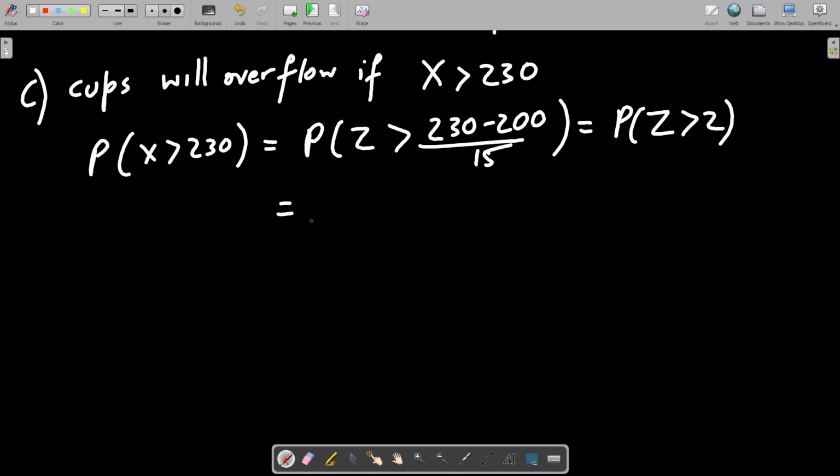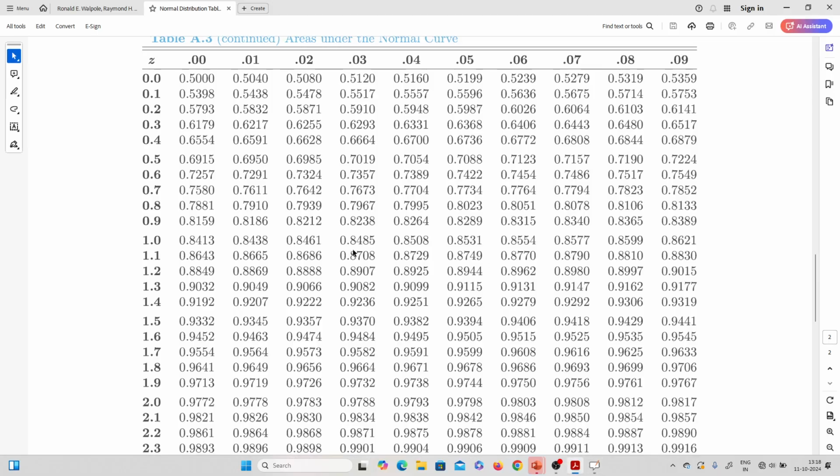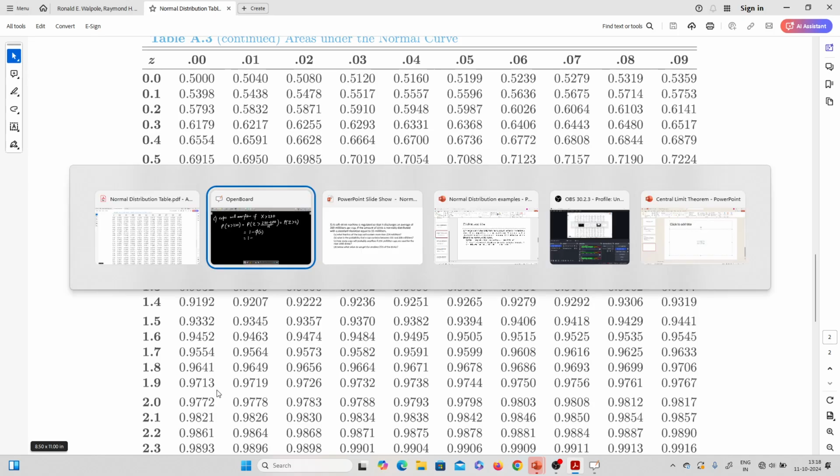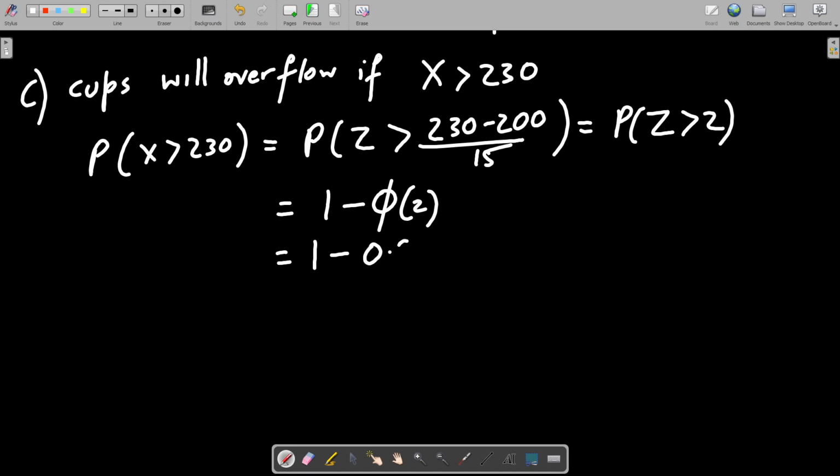This is an easy one. So this is going to be 1 minus phi of 2. Phi of 2, the value is given, let me see on the table, as 0.9772.